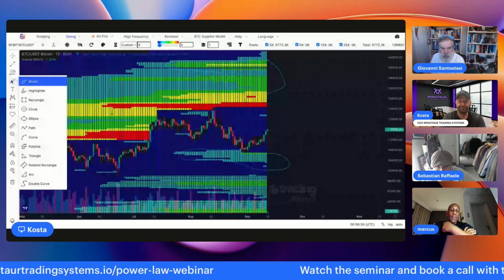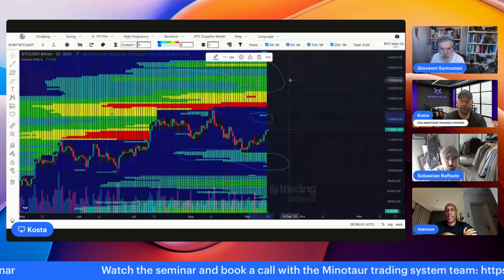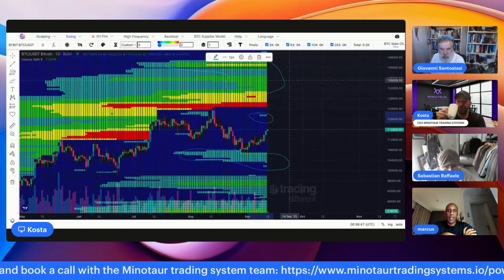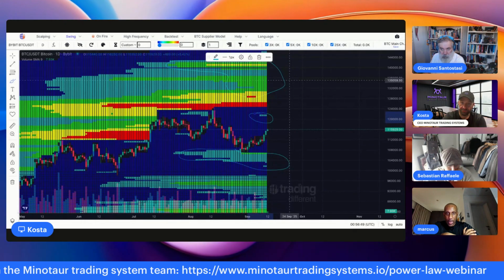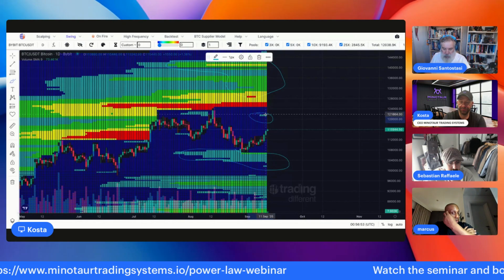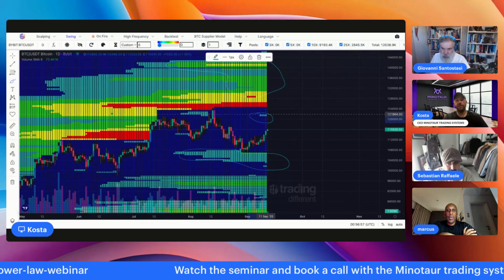Do you see it, Costa? Yeah, you can highlight, right there. That's a target. That's internal liquidity. There's an extremely high probability that it'll be liquidated or targeted by the market. So that's the immediate target, and it gives us a clear target to go after.